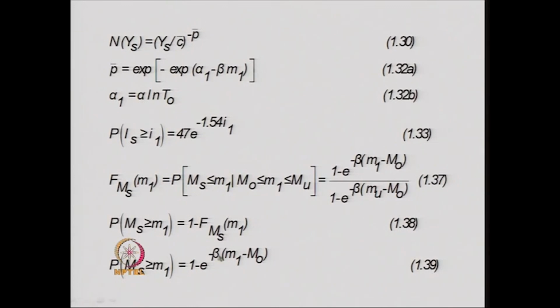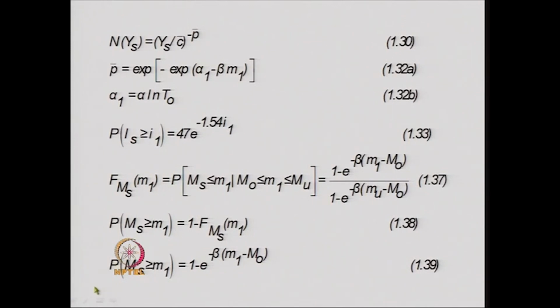Now using this equation, if we put the value of mu to be very large, then this turns out to be almost equal to 1, and as a result one can simplify this equation to this particular form.